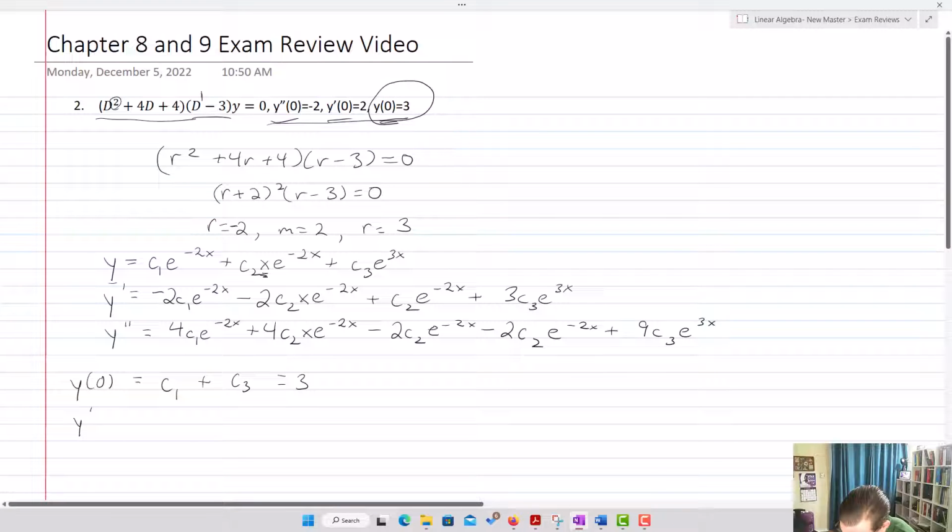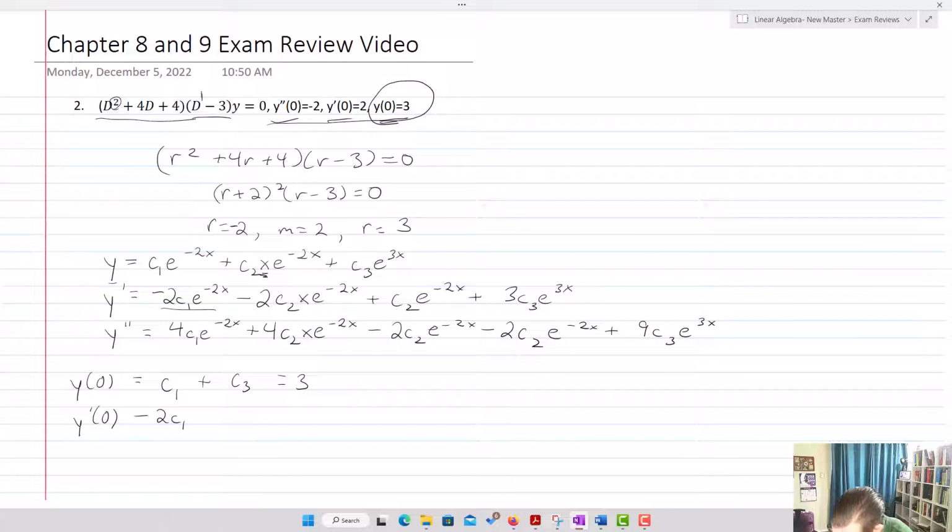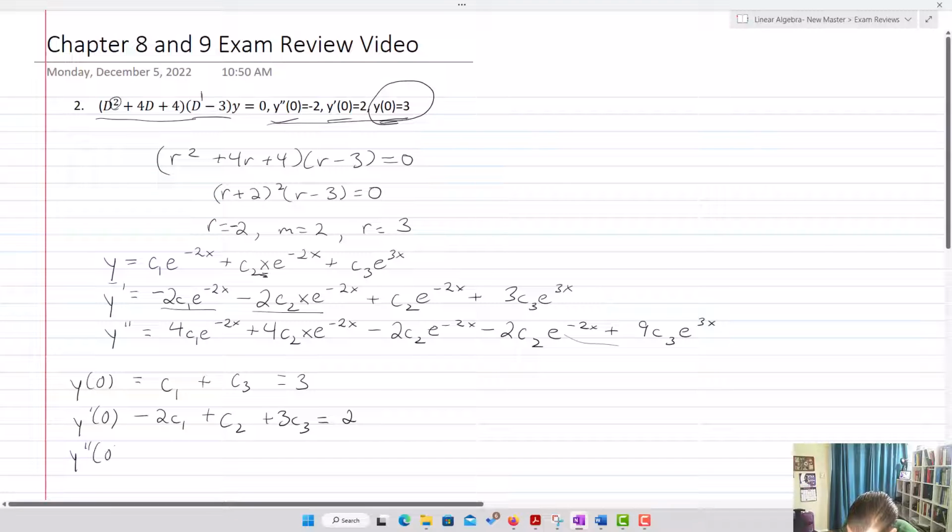Now I'm going to take y prime of 0. The first term is going to be negative 2c1, and then this is going to zero out. Then I'm going to have plus c2, and then plus 3c3, and that's going to equal 2. And now we're going to use y double prime of 0.